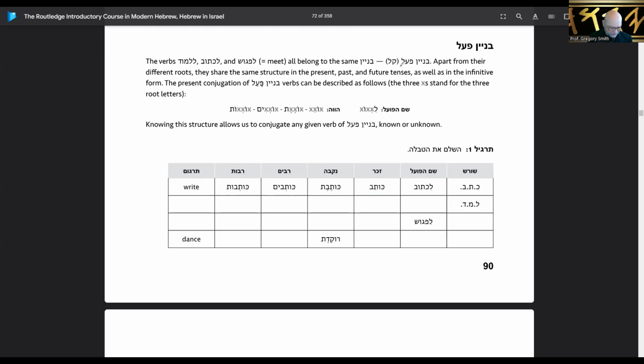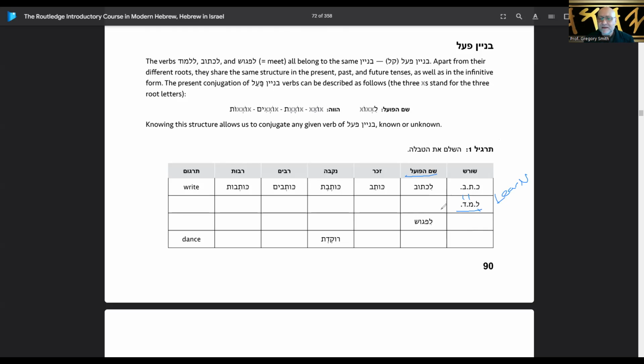Okay, let's see here. But this one right here, remember, Lamed Mem Dalet means to learn. Okay, so then what would be the Shem HaPoal, which would be the name of the verb?